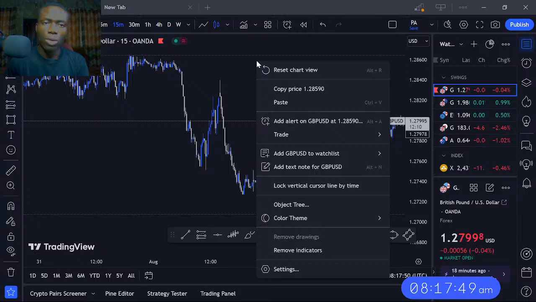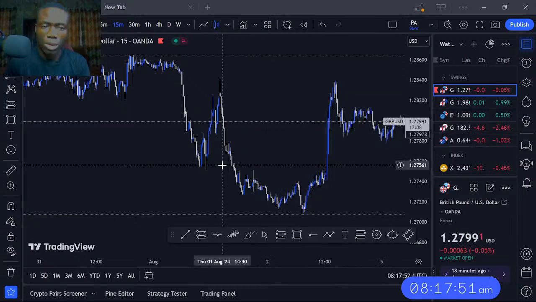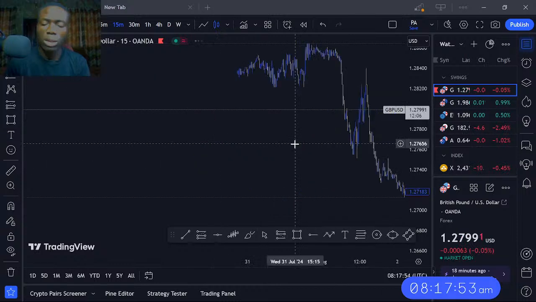I'm just clearing up everything from the chart so that we do a fresh analysis.